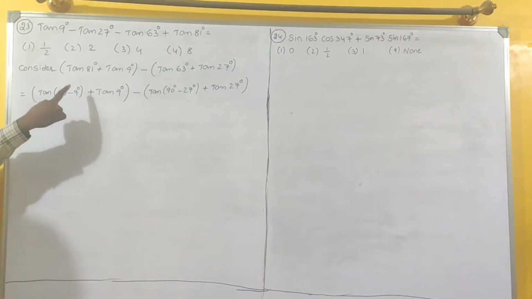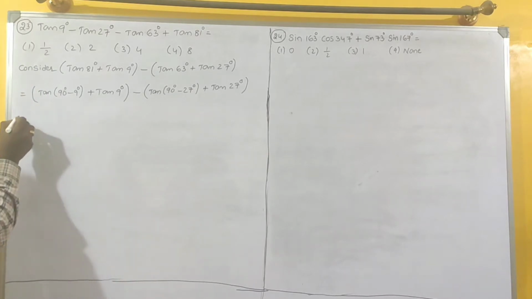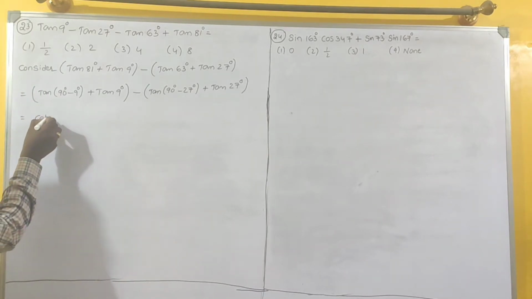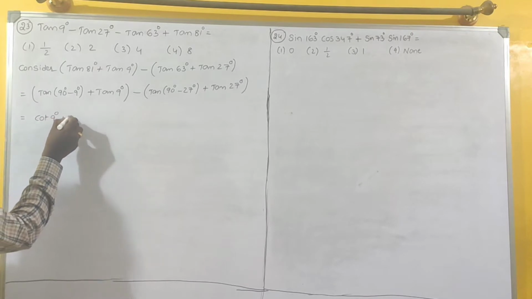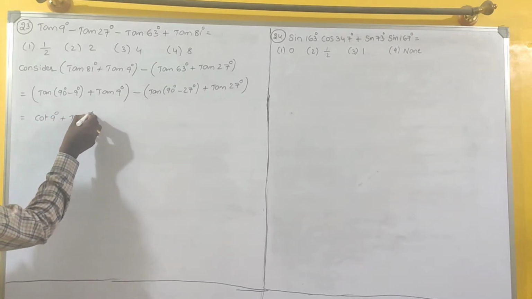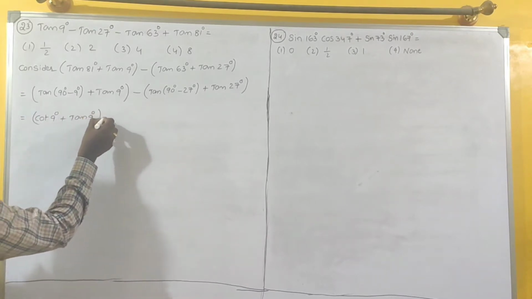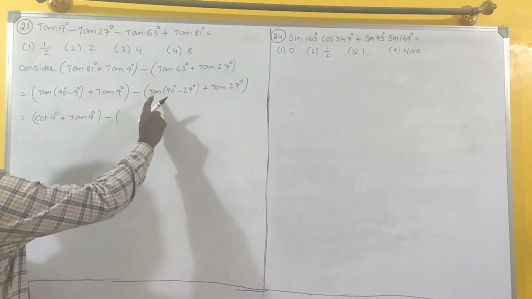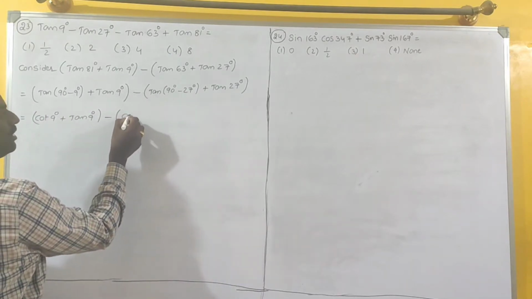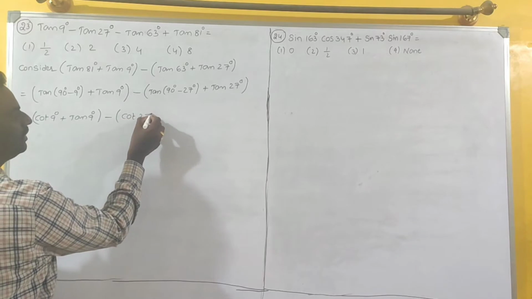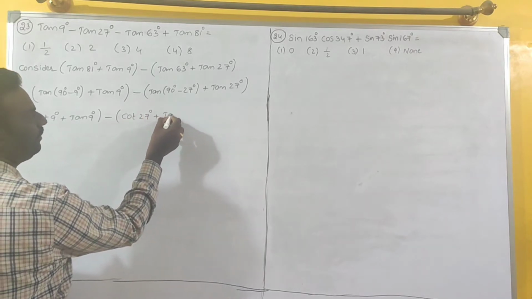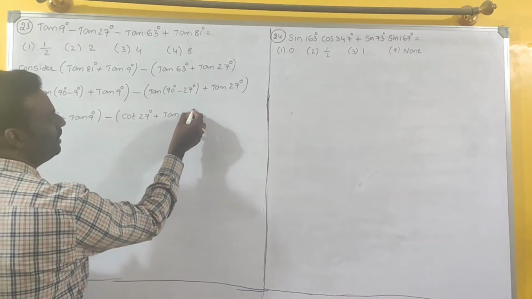Tan 90 minus theta is cot theta, that equals cot 9 plus tan 9. Here also tan 90 minus theta is nothing but cot theta, cot 27 plus tan 27.